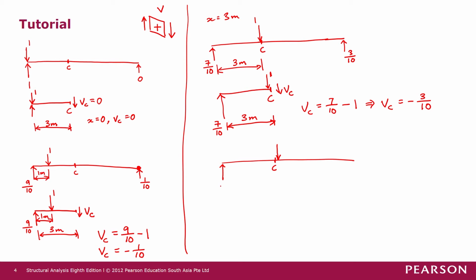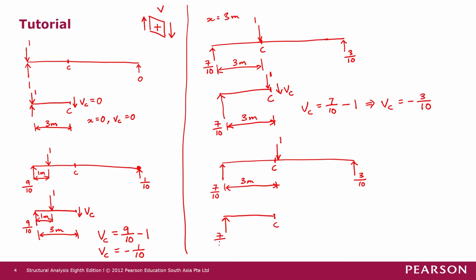So in this case, this reaction is still the same, 7/10, because this is still 3 meters. This is still 1 unit force. We still have a reaction of 3/10 here. But now if we cut across joint C, you will never see this 1 unit force anymore, because the 1 unit force doesn't appear in the free body diagram anymore.